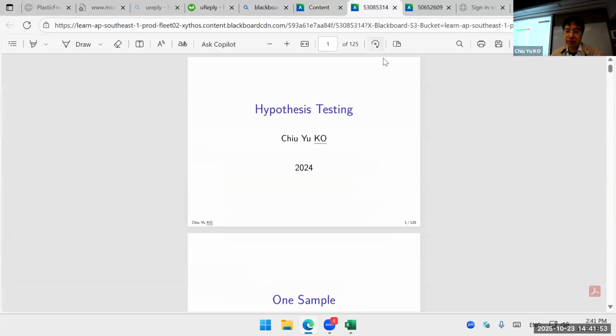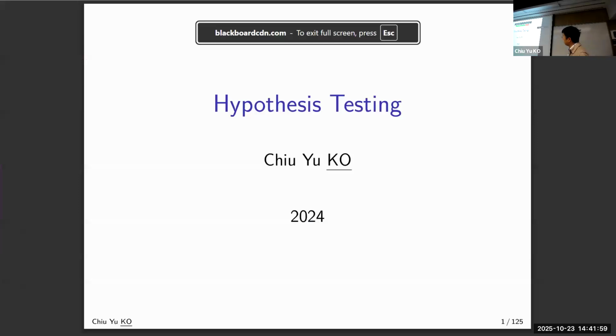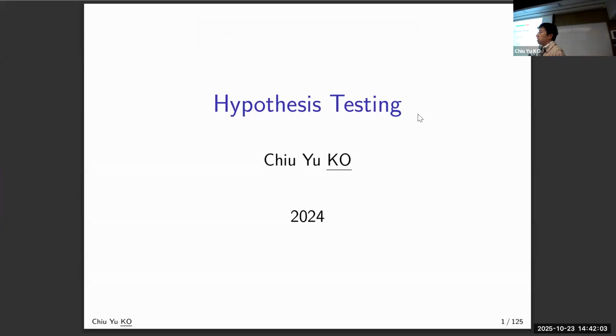So now you will see hypothesis testing. The knowledge we use is not too far away from our estimation. So the idea is very similar. It is similar because it is closely related to chapter 4.